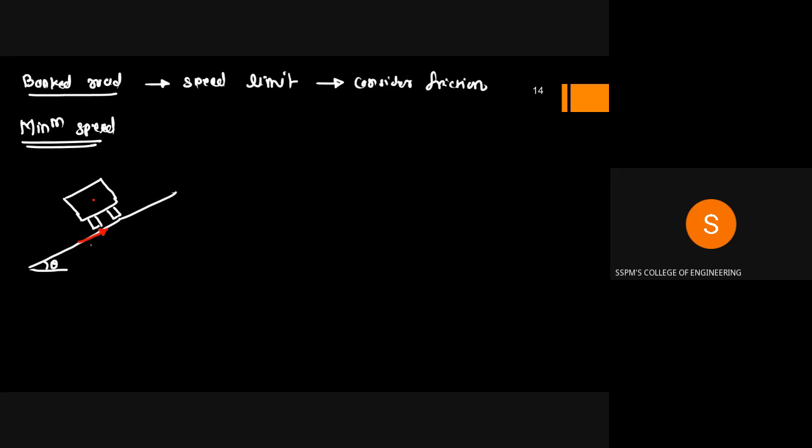So friction will try to oppose this slipping down the plane. So this is the static friction, Fs, acting in the upward direction.